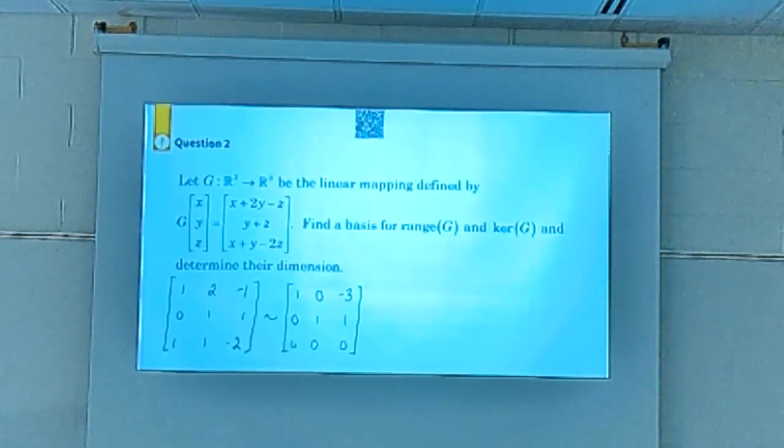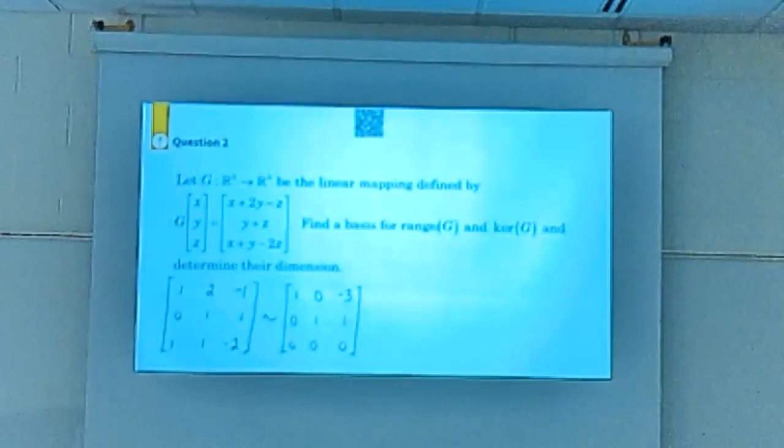How many free variables do we have? One free variable. That means the nullity is going to be 1. So we only have 1 vector in the basis. What is that vector?